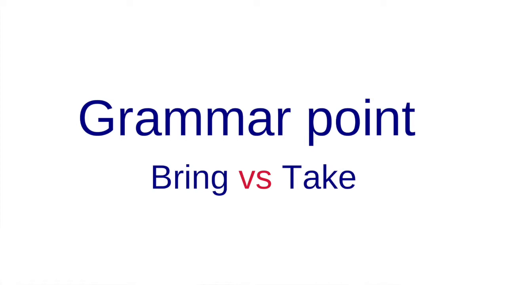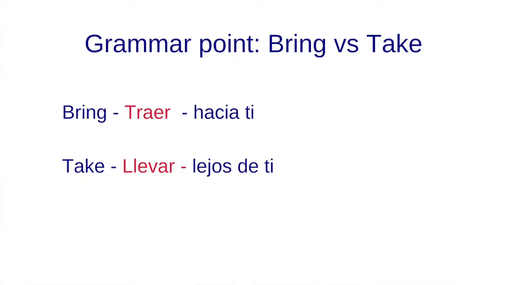So, sabemos que la traducción or the translation for this is bring, which is traer, y una manera que te puede ayudar a recordar la diferencia es bring, traer, is hacia ti, and take is llevar, and it's lejos de ti. ¿Vale?